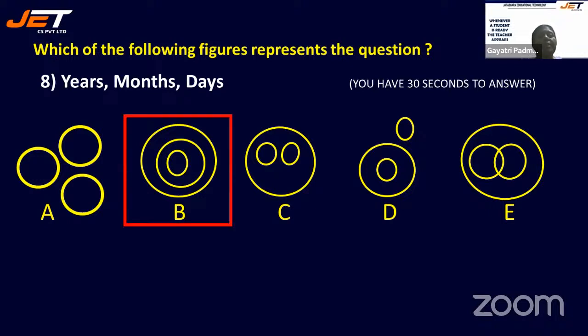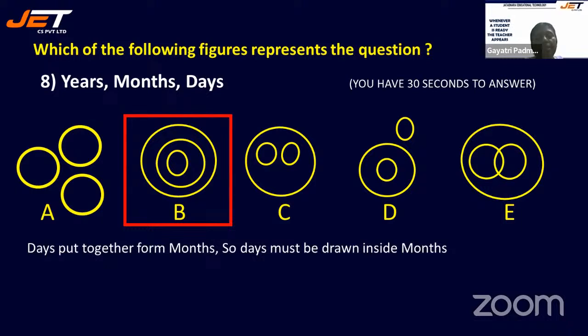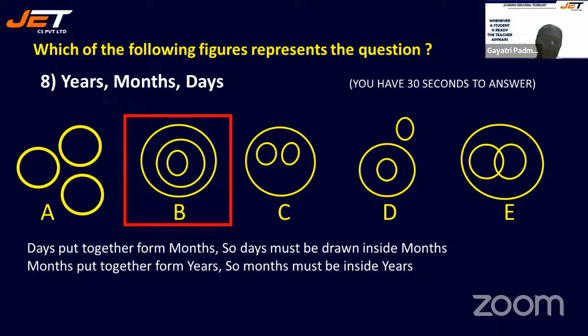Yes, obviously your answer is B because days put together forms months, right? So days must be drawn inside months. Months together form years. So months must be drawn inside years. So see here. This outer is called years.